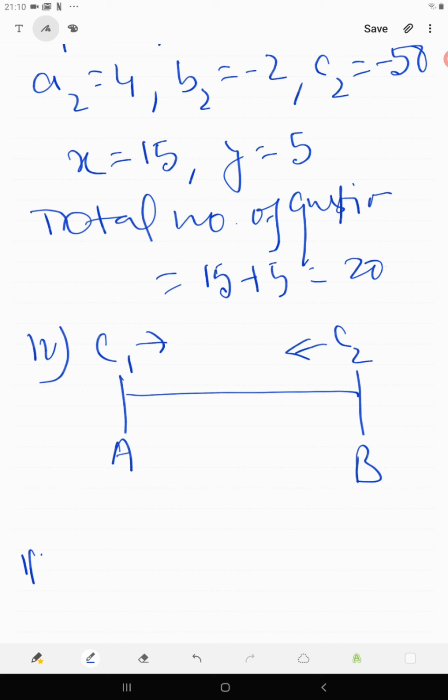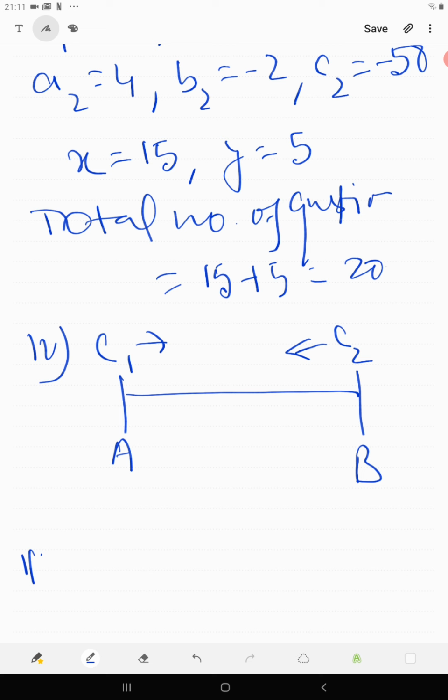If the cars travel in the same direction at different speeds, they meet in 5 hours.